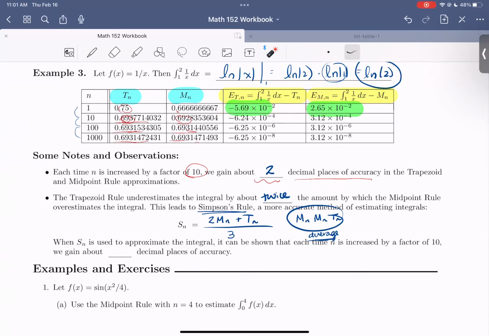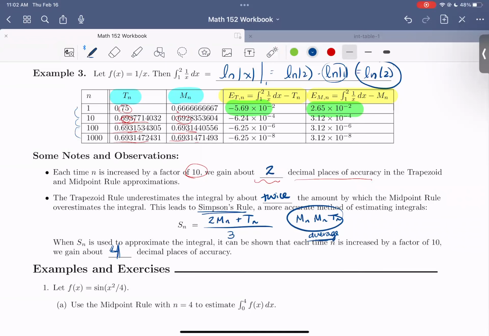Okay, so when Sn is used to approximate the integral, it can be shown that each time n increases by a factor of 10, we gain about 4 decimal places of accuracy. So this just shows that Simpson's rule needs fewer rectangles overall in order to make a more accurate estimate.